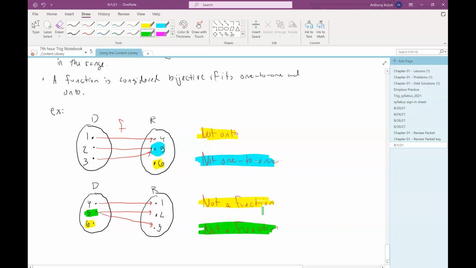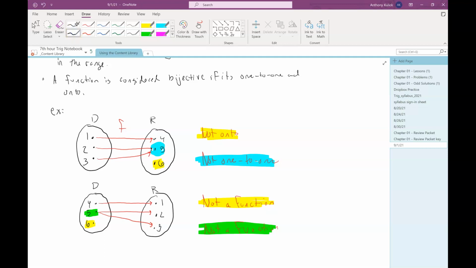That's another reason it's not a function. So I can see if my function is not onto, its inverse can't be a function because I'll have a domain that's not paired. And if my function was not one-to-one, its inverse can't be a function, because that means it'll have an x that's paired to two different y's.